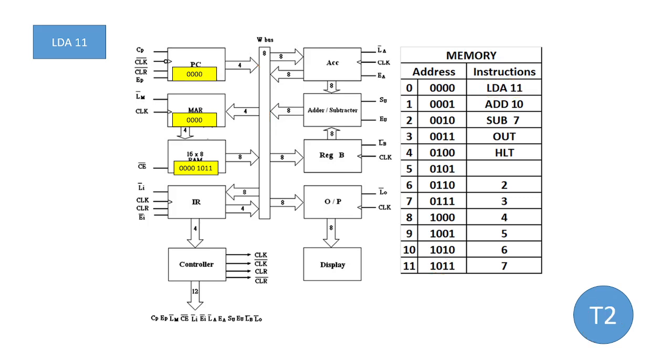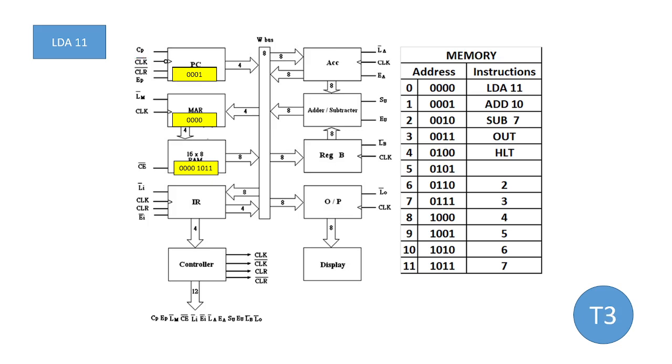Now going to our T2, we can see here that the value of our PC or program counter will be incremented, and that's the only work of our T2, and the active pin here is the CP.